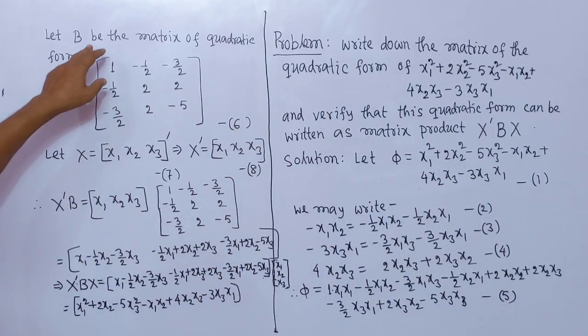Let B be the matrix of the quadratic form.